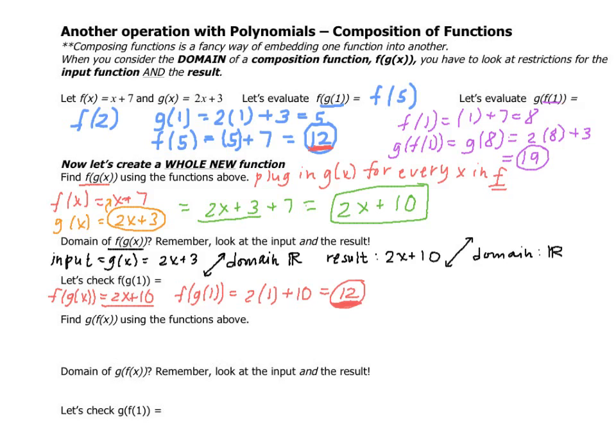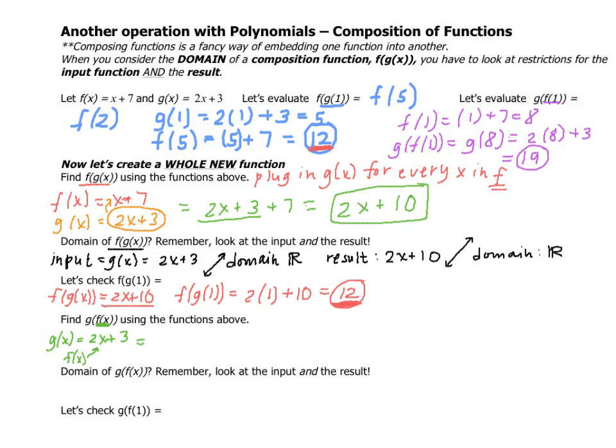So now we're also going to find g of f of x. That's the composition where you're plugging in f of x for every x that you come across in g. So g of x, which was 2x plus 3, is going to get f of x plugged in for every x that you come across in g.